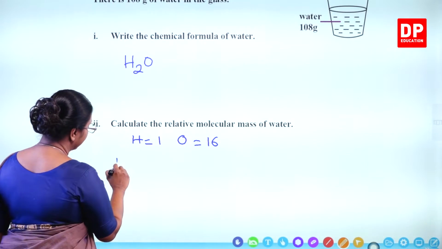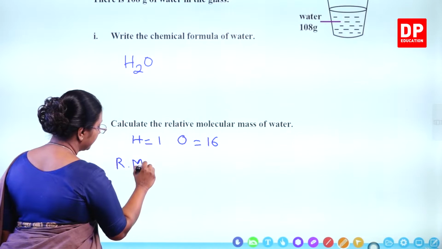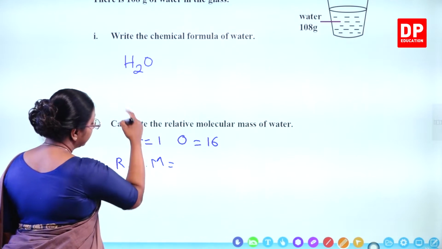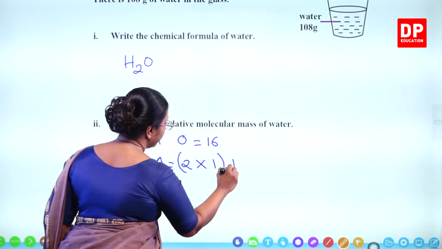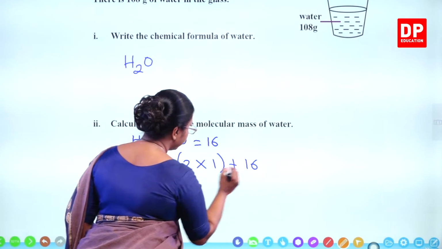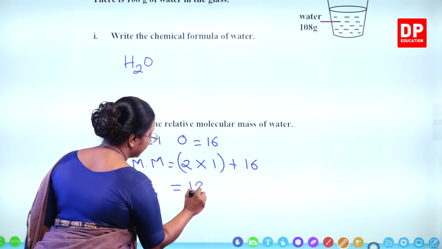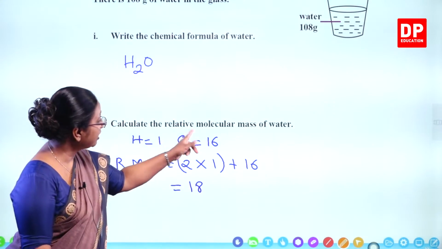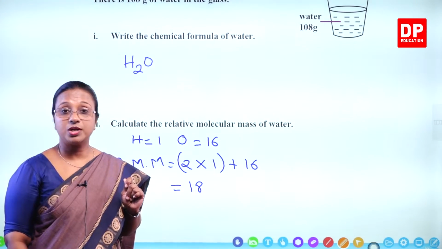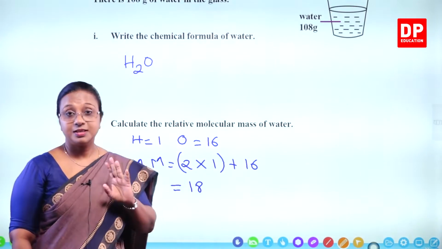So how do we calculate the relative molecular mass? H2O, there are 2 hydrogens, so 2 into 1 plus oxygen 16. So it will be 18. Is there a unit? No unit. Why? Relative molecular mass of water. Is it correct? Yes.